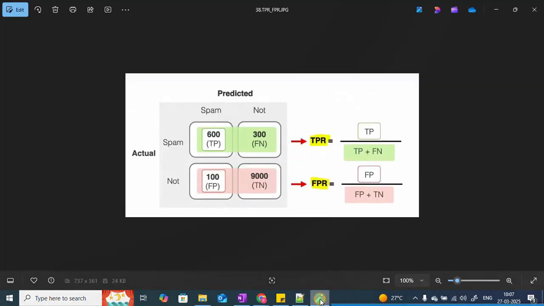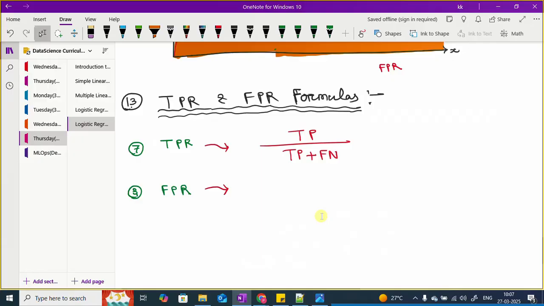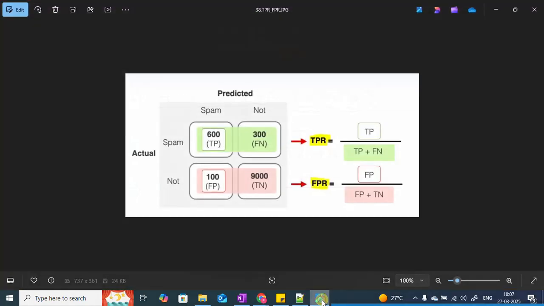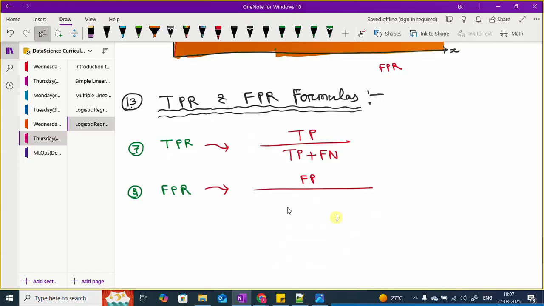Clear? Now similarly, the false positive rate formula is FP. Let me write down FP divided by false positive divided by false positive plus true negative. Okay.